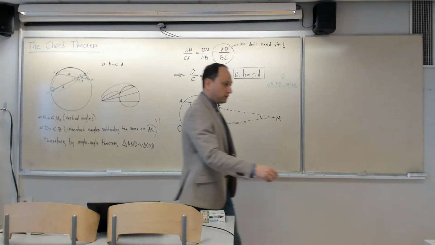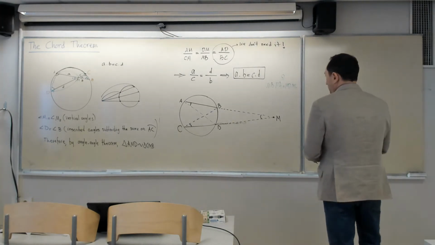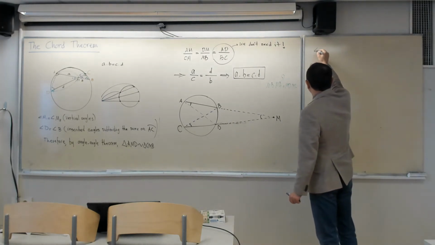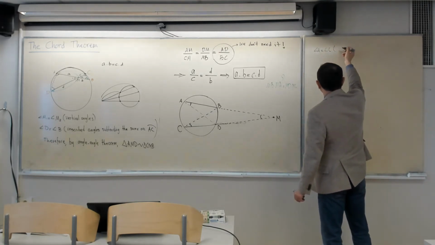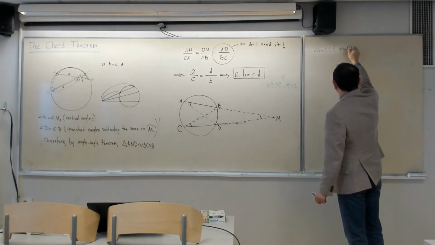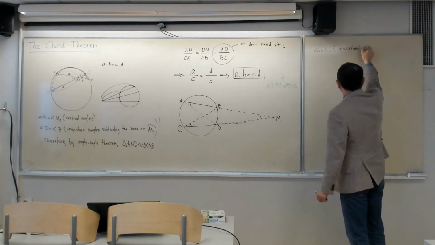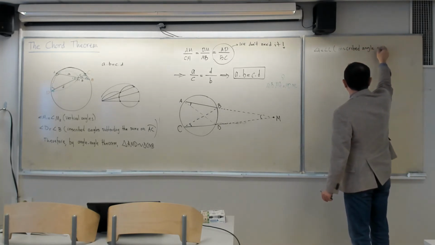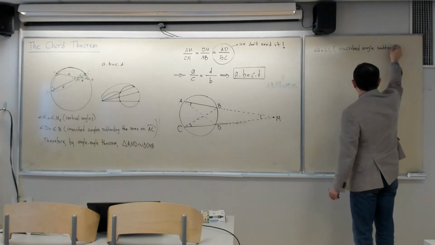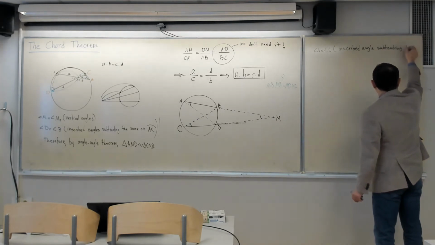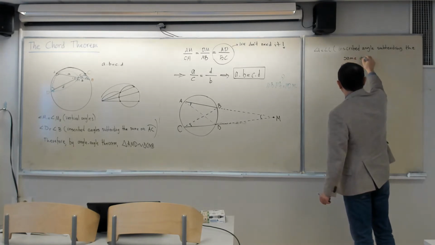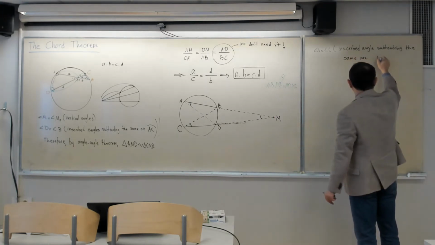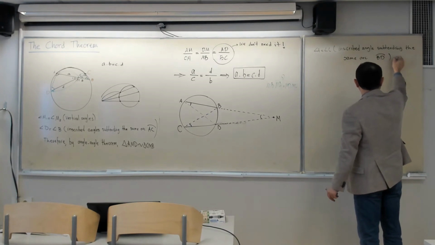Thank you. So what we write, we say that angle A is equal to angle C. We can write inscribed angles subtending the same arc, here BD.